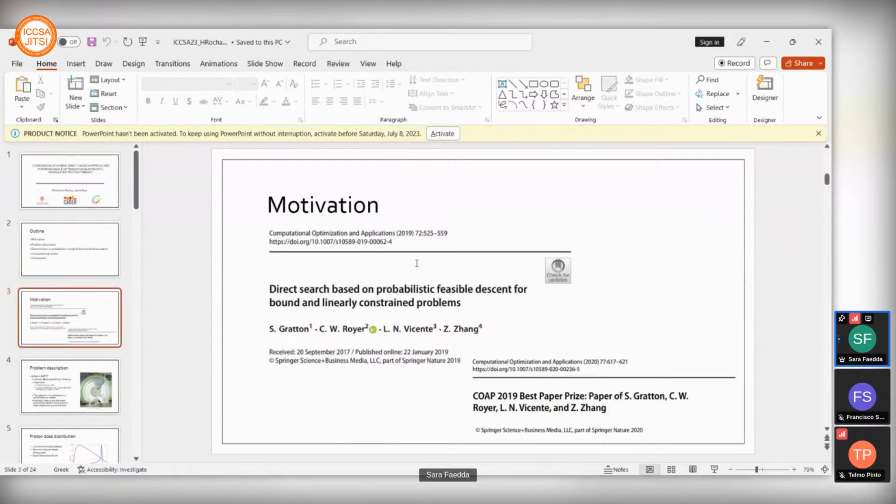So the motivation comes from a best paper award given to Gratton and colleagues from an optimization journal. And in this paper, the authors show numerically that considering random directions to explore a search space is competitive with the traditional approach with deterministic characteristics.